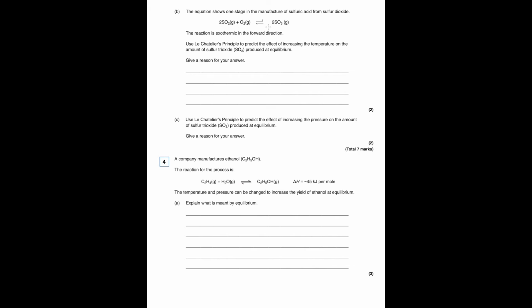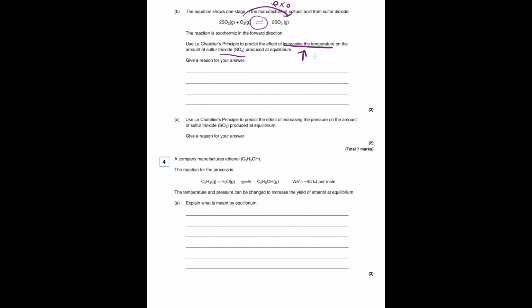Okay, so the next question is looking at the manufacture of sulfuric acid from sulfur dioxide. It's a reversible reaction we can see from our symbols there, and we've been told that it's exothermic in the forwards direction. Use Le Chatelier's principle to predict the effect of increasing the temperature on the amount of sulfur trioxide produced at equilibrium.